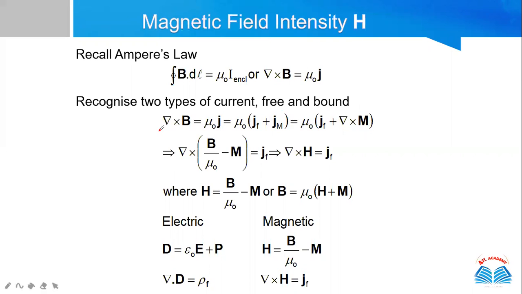So this del cross B, how can I write this? This mu naught will be inside and M will be on this side. So del cross (B upon mu naught minus M) will happen. So this B upon mu naught minus M, what is this? This is your H, capital H, the magnetization intensity. So H is this one and B is this one. For the electric field, the displacement current is taking place.